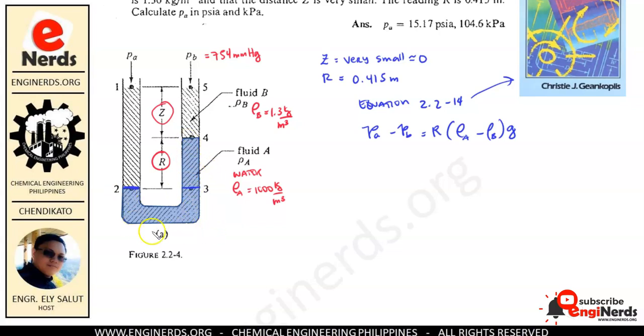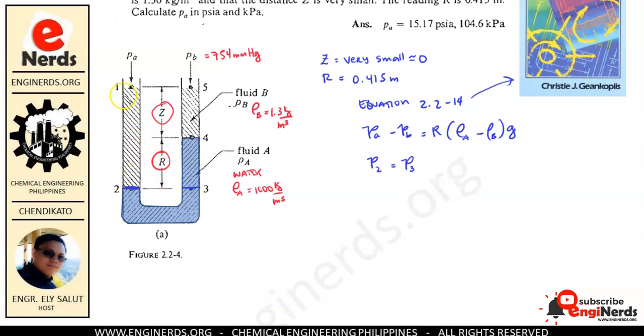Dahil pareho lang silang water, no? Itong blue liquid natin dito is water. So, the pressure at this point and the pressure at this point is just equal, di ba? So, that means the pressure in point 2 is equal to the pressure in point 3, di ba? So, the pressure here is equal to the pressure here.